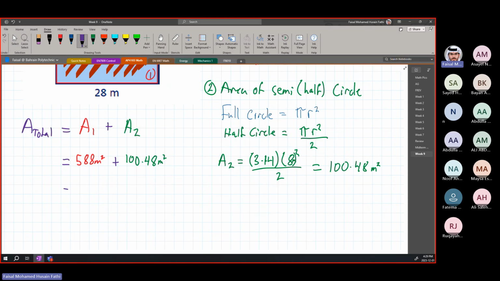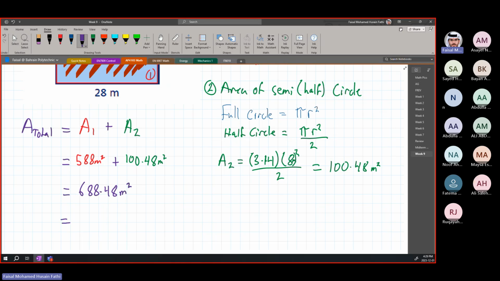Put that into the calculator, you're going to get 688.48 meters squared. The question said we need the answer to be rounded to a whole number.